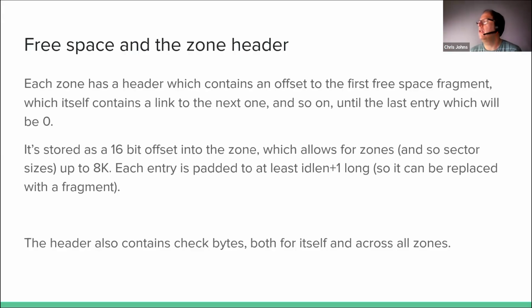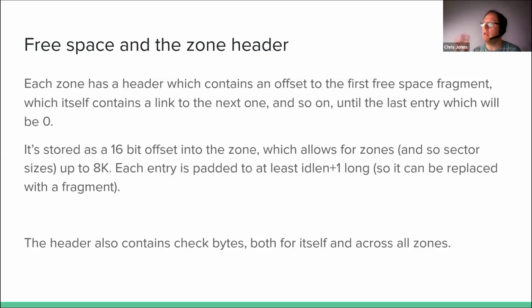The other concept is free space. Obviously, you know where files are, but you also need to be able to know where space is if you want to store things. So each zone, which is each page of the map, I guess, has a header. It doesn't really contain a lot, but one thing it does contain is an offset to the first, what's called the free space fragment.